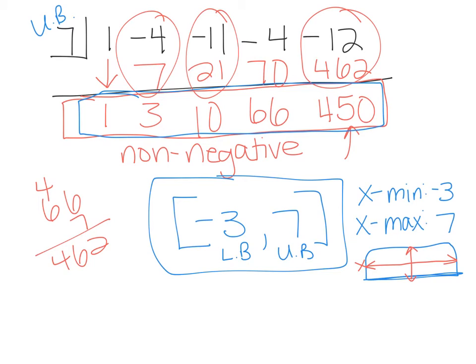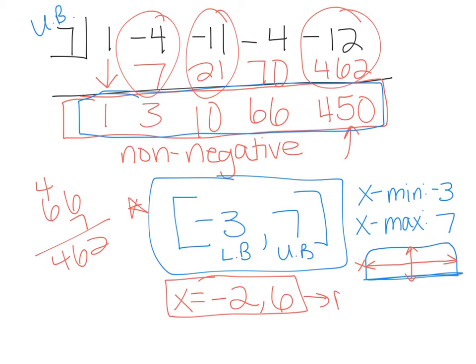Now, one thing we have not done is, yes, we found the upper and lower bound. However, it said also list all the real zeros of the function, and those were at negative 2 and at positive 6. And I knew that because they were on the graph from Desmos.